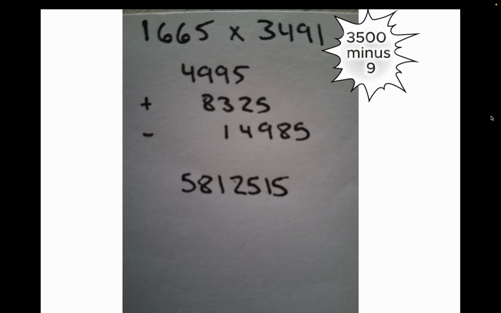So here's an example of using complements on a larger question. We have 1665 times 3,491. Here what I've done is I've deconstructed the number on the right. We're going to do 3 times 1665, which is 4995.